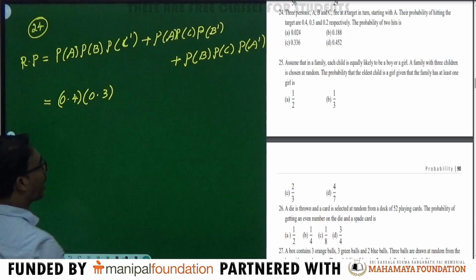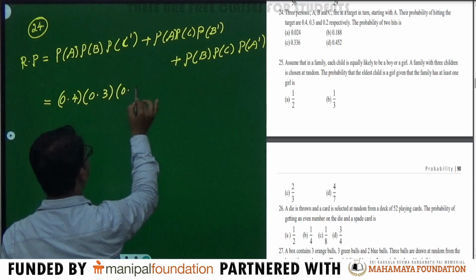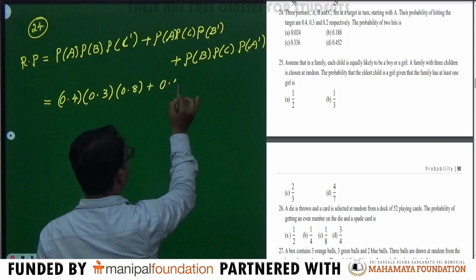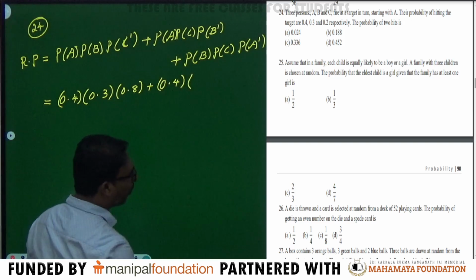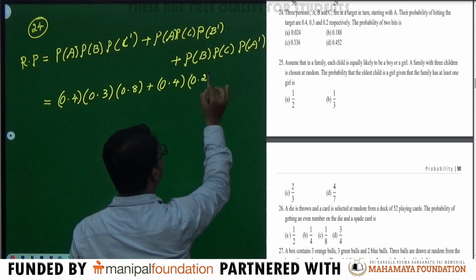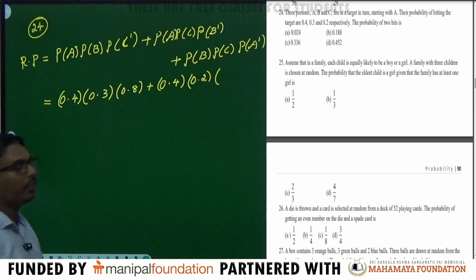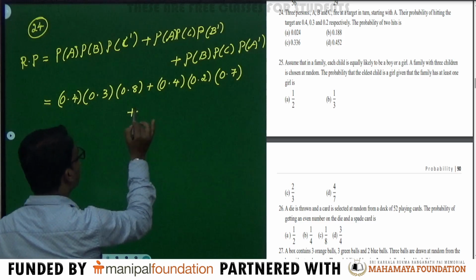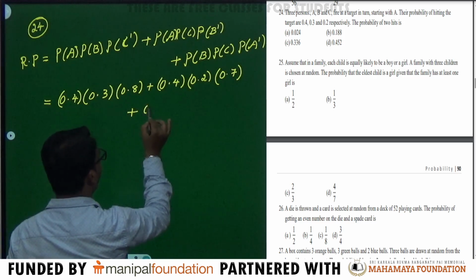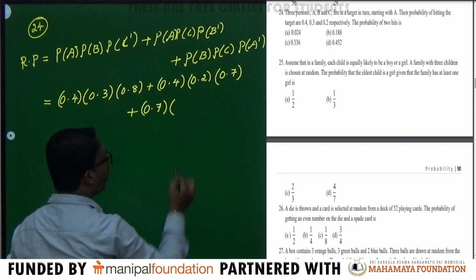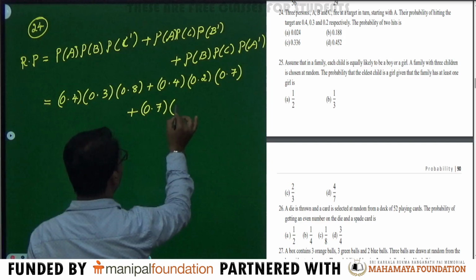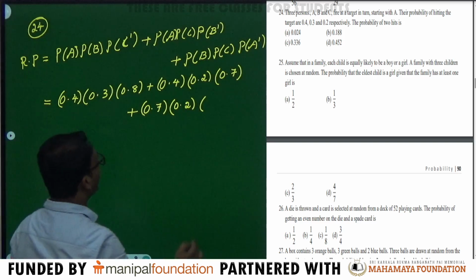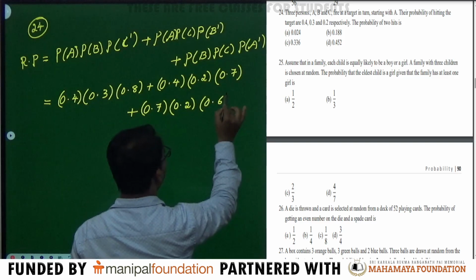Therefore, P of C dash is 1 minus 0.2, that is 0.8, plus P of A value is 0.4, P of C value is 0.2, P of B dash, since P of B is 0.3, therefore P of B dash will be 0.7, plus P of B value is 0.7 into P of C is 0.2 into P of A dash. P of A value is 0.4, so P of A dash is 0.6.